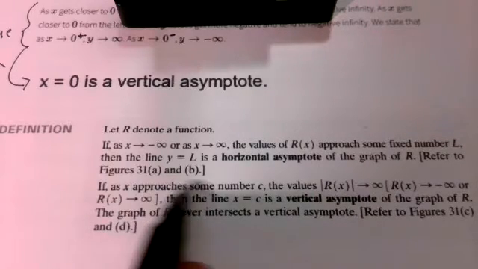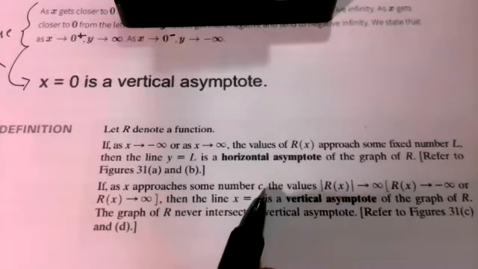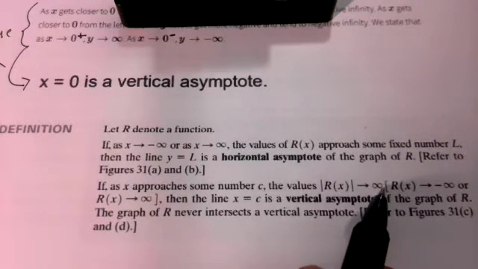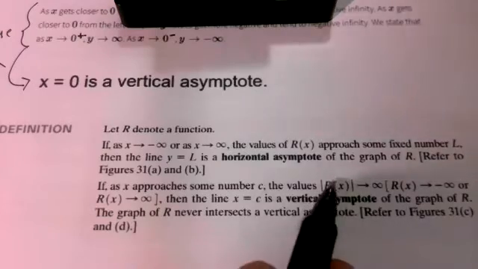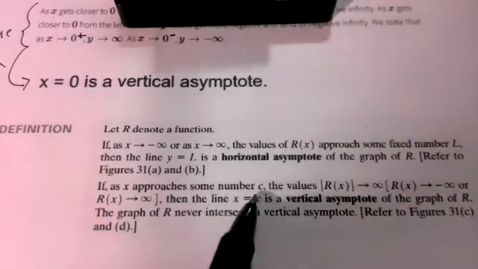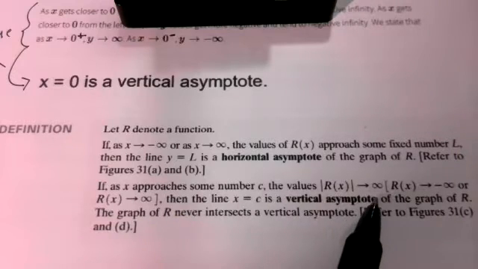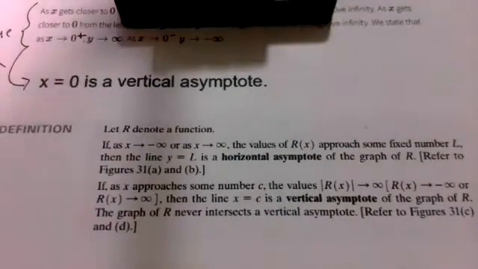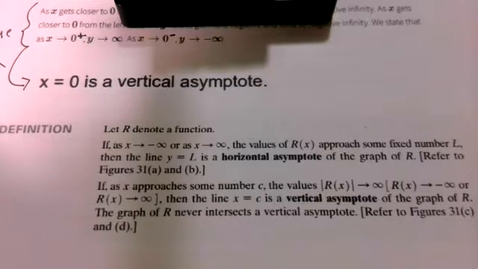And if, as x approaches some number c, the absolute value of R of x approaches infinity, which means that it's either approaching negative infinity or infinity, then the line x equals c is a vertical asymptote of the graph of R. Now, the graph of R never intersects a vertical asymptote, and we just talked about that. Okay, so let's go on to the next page.